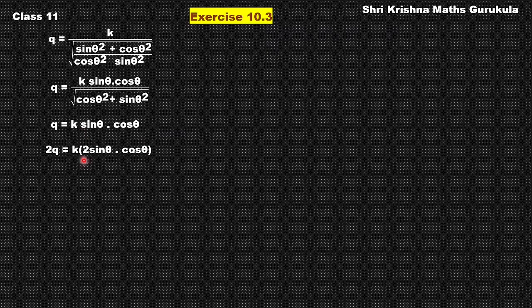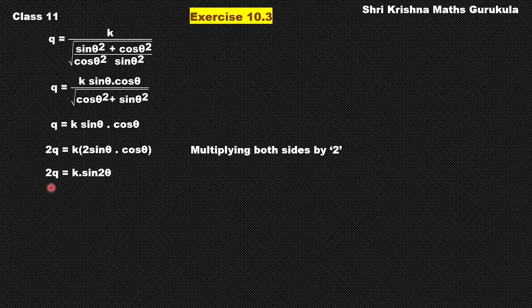But what is missing? 2 is missing. So we are multiplying 2 to both sides of the equation. What do we get? 2q is equal to k into 2 sine theta into cos theta. This 2 sine theta into cos theta is nothing but sine 2 theta, right? Yes, 2q is equal to k sine 2 theta.